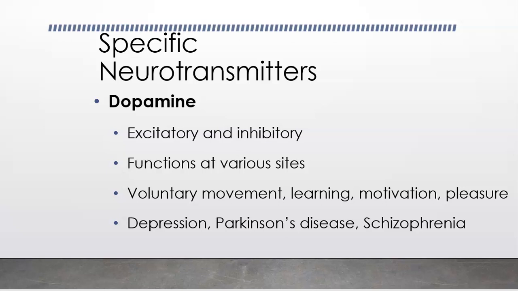But it does have multiple other functions as well, like voluntary movement and learning. And dopamine, like norepinephrine, is both excitatory and inhibitory. So it's going to change its function based on where it's interacting. Depending on where in the brain it's interacting, it's either going to be excitatory or inhibitory as needed.